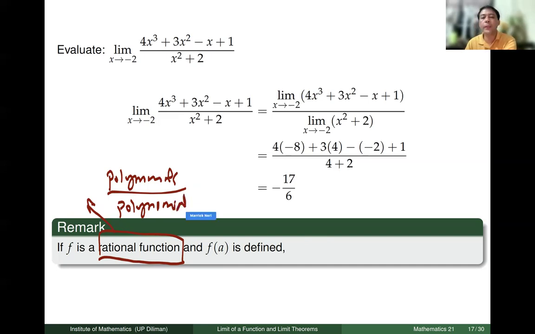If f is a rational function and f of a is defined, no? So meaning denominator is not equal to 0 at that point, then the limit is again simply the function value, no? At that value of x, or at x equals a. Okay.